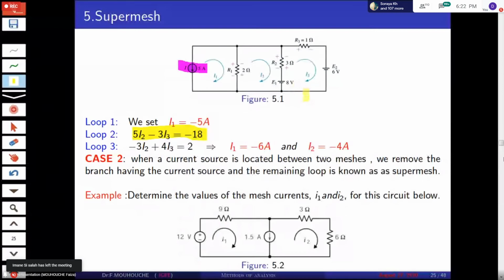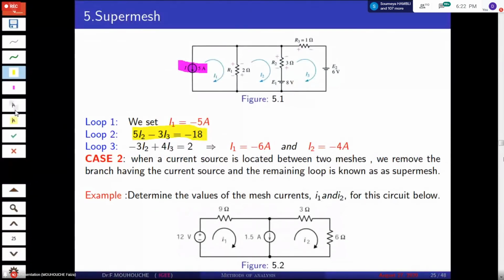Here we have 2 multiplied by (I2 minus I1), plus 3 multiplied by (I2 minus I3), plus 8, equal to 0, and the simplified equation is here.